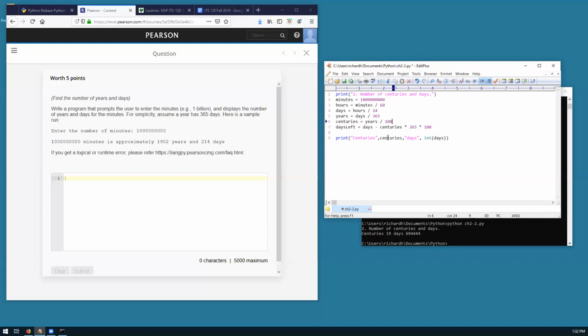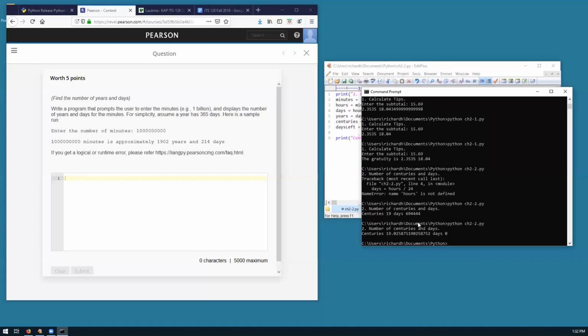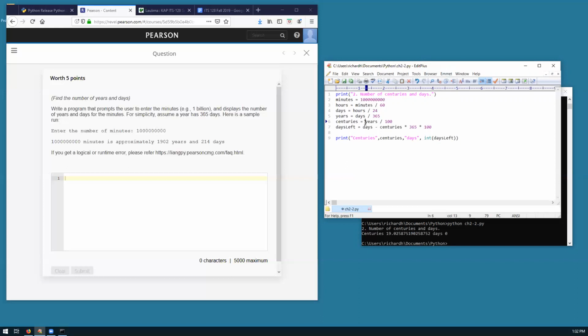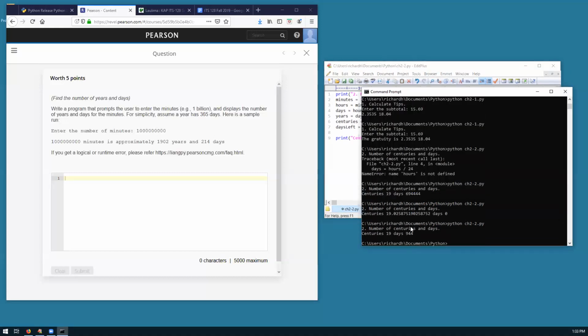And then, let me put this as days left. Let's see what this does. No, oh, int. Yes, that's right. 19 centuries and 944 days. That's probably the right answer.